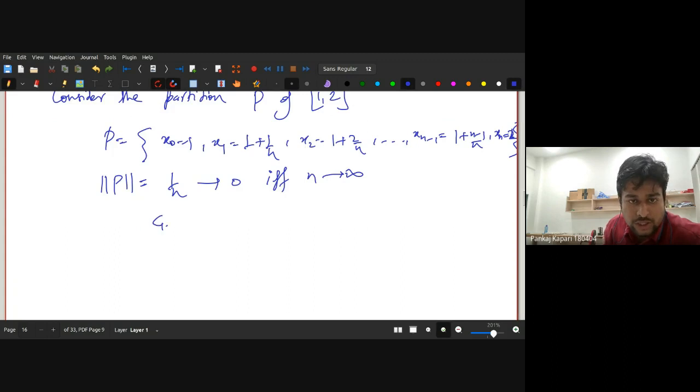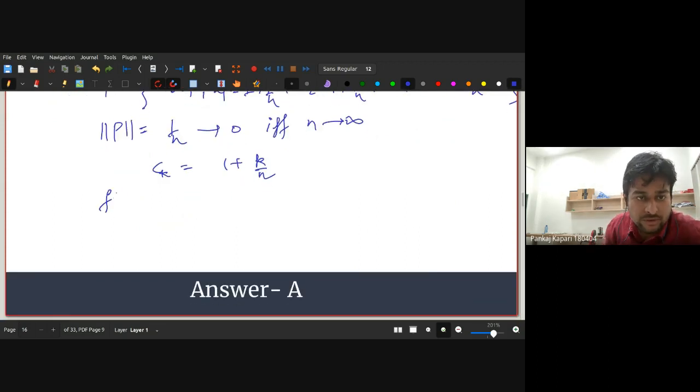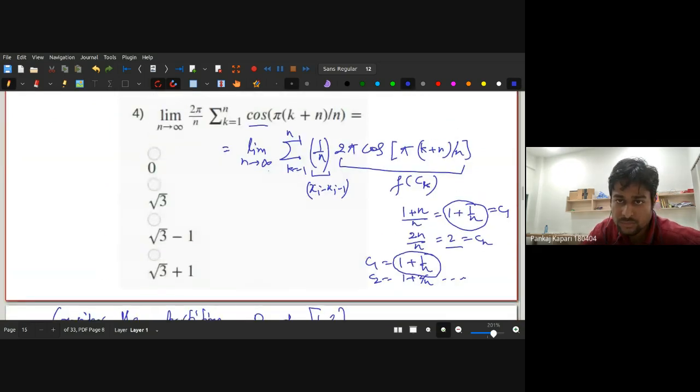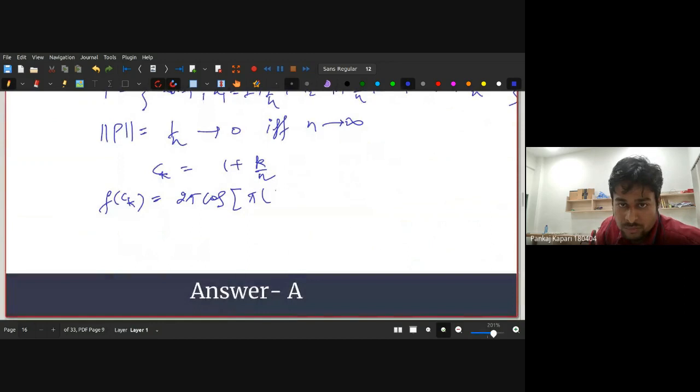And the choice points c_k, we are choosing them as 1 plus k by n, again the right-hand points. Therefore you can see that f of c_k was coming out to be 2 pi times cos of pi times 1 plus k by n, right?